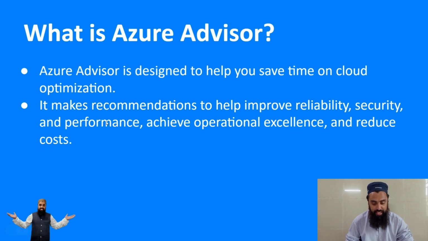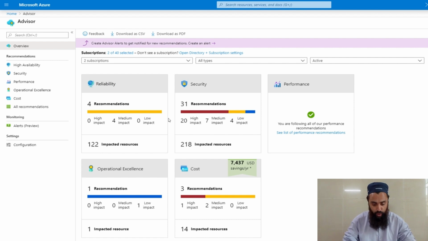Just like you can see in this snapshot that I have attached, we have reliability, security, performance, operational excellence, and cost. So, Azure Advisor is sharing recommendations with us. There are 31 total recommendations on how we can improve the security of our infrastructure and make it more reliable, because there are four reliability recommendations.